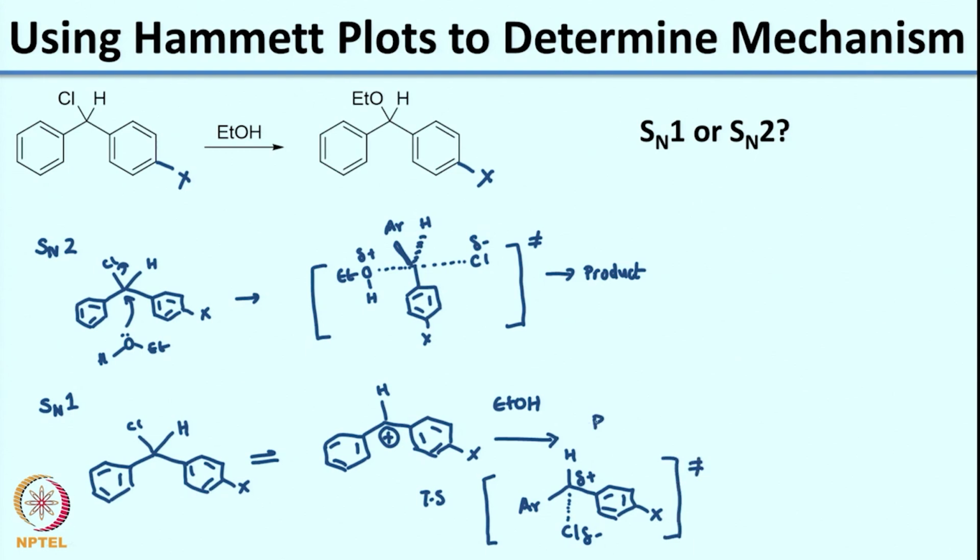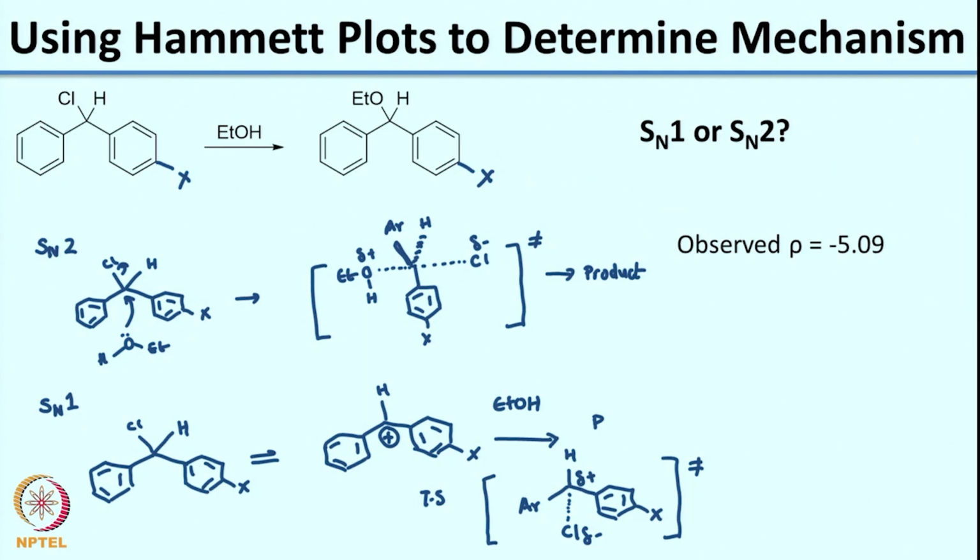Now, what was observed when the Hammett plot was done and the slope was determined is that the rho was observed to be minus 5.09. So, based on this observed value of rho, which of these would be the mechanism through which this reaction is going?